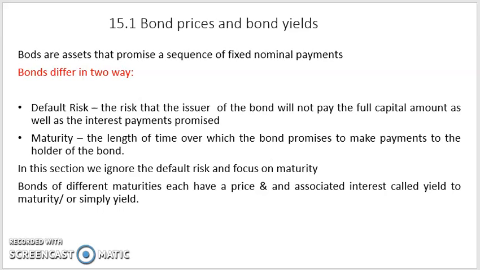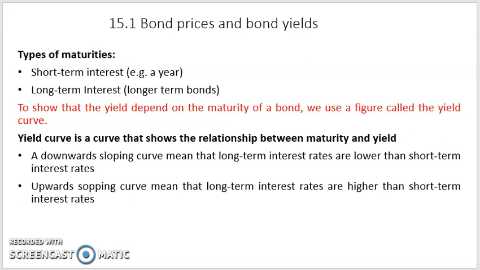Bonds of different maturity each have a price and an associated interest rate called a yield to maturity, or simply a yield. Yields on bonds with short maturity, typically a year or less, are called short-term interest rates, while yields on bonds with longer maturity are called long-term interest rates.